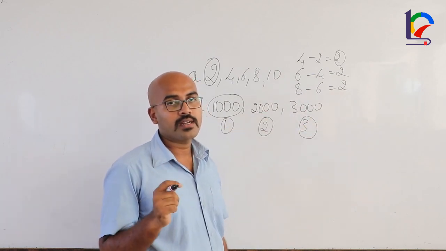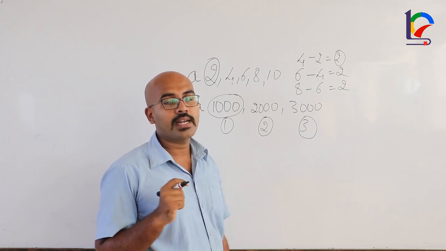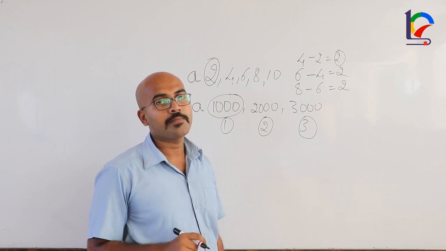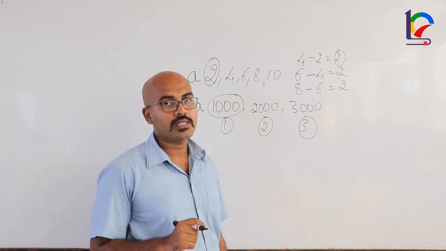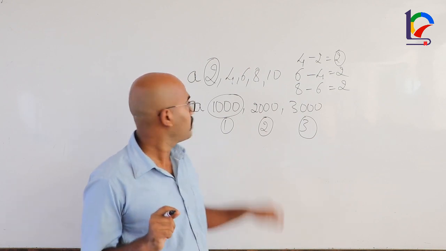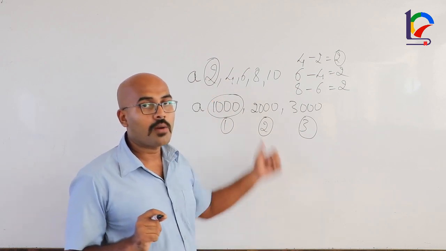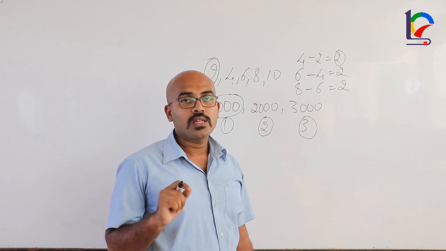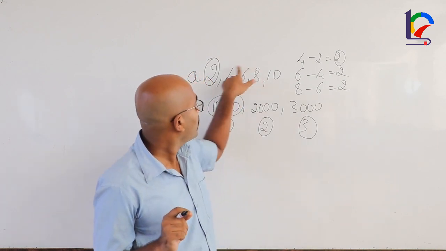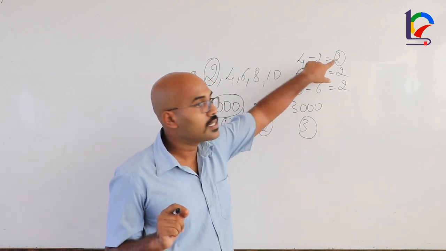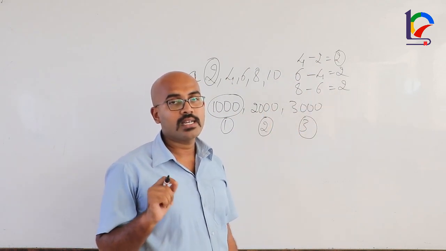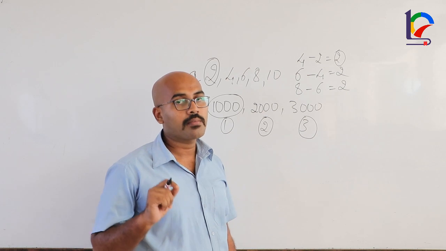So obviously this is an arithmetic progression. One thing you need to remember is that in all arithmetic progressions there will be a first term and a common difference. The common difference between any two terms should be the same. If the common difference is the same, then it is said to be in arithmetic progression.